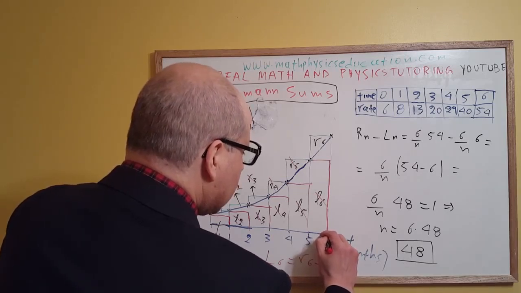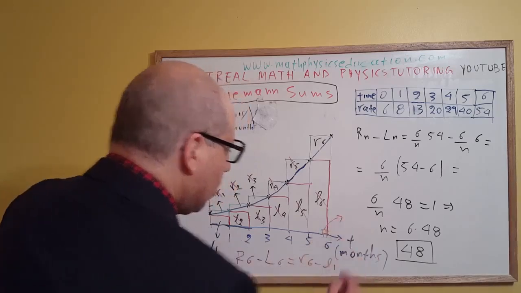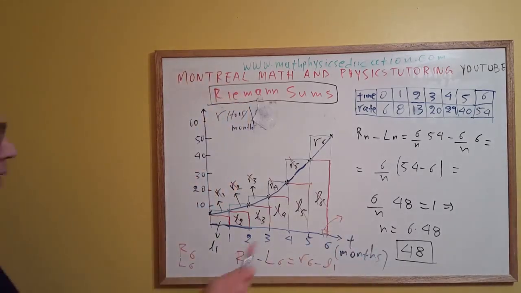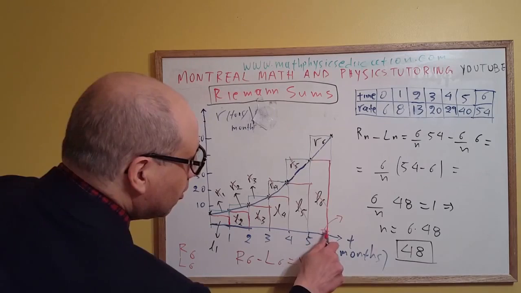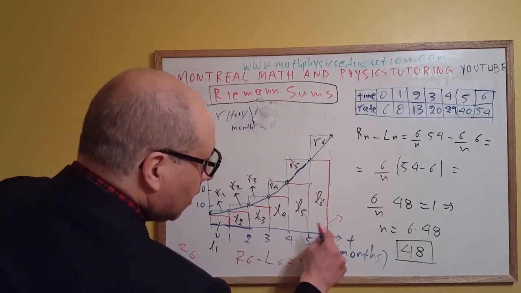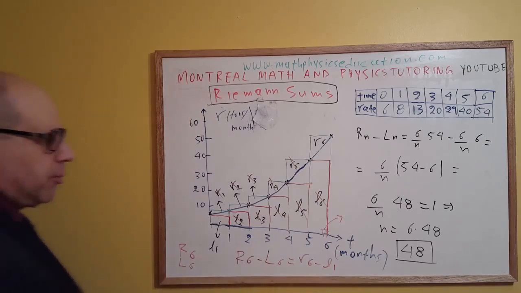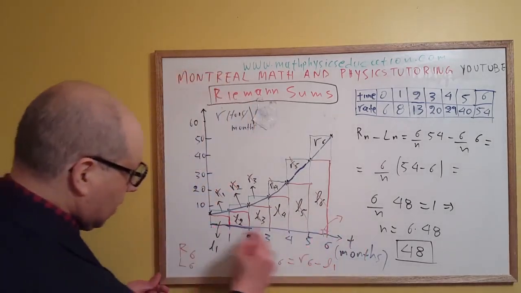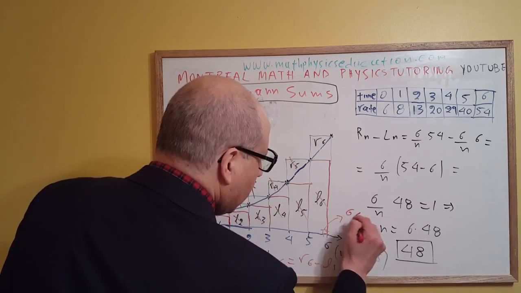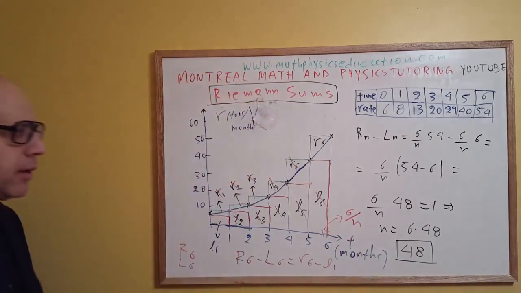This small piece will be equal to what? If we have n intervals like this, how much will each one of them be? Of course, it will be equal to this distance, which is 6 over n.